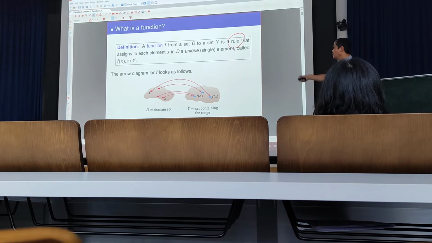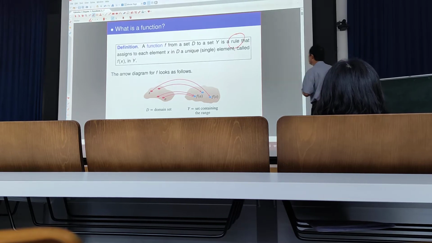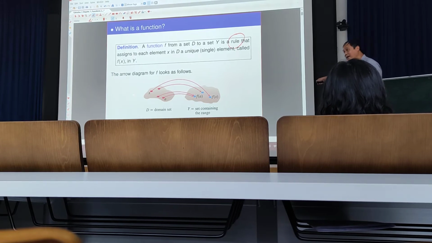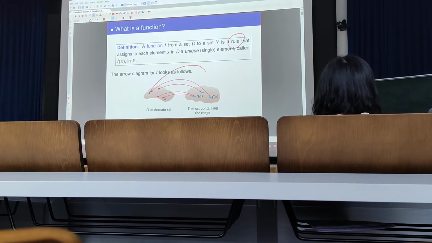Or here, assign to what? Something. Okay? So why do we have the unique or single element? It means that you cannot have two values in y assigned to the same x. That is, from x you have only one fx, and you cannot have the other thing like here.